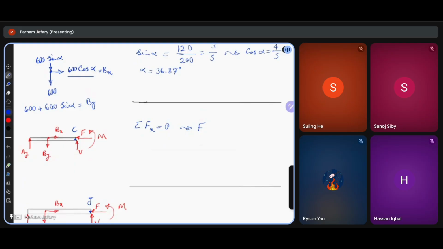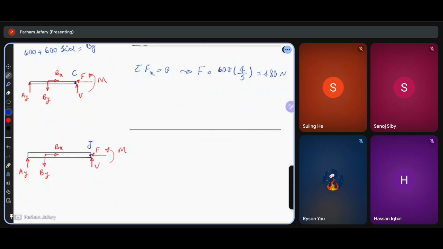So f of x will be equal to 600 times cosine of alpha. The internal force F will be, okay, let me write it like this: 600 times 4 over 5, 480 newtons.